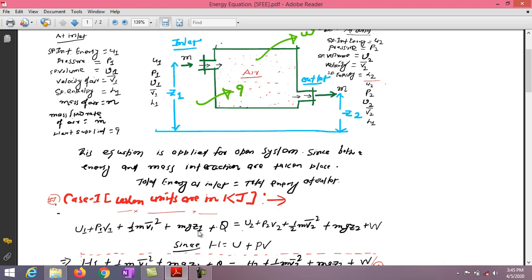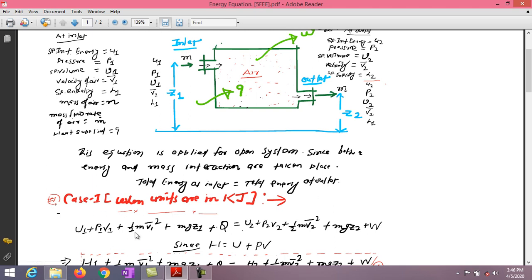That means this is the total potential energy of air at inlet. m is the mass of air, g is the acceleration due to gravity, and z1 is the height of inlet from this datum line, and plus Q. A small q is actually the specific heat, but here I am using the total heat, that's why it is capital Q. So plus Q means Q amount of heat is transferred into the system. That's why we are taking the plus sign. So this is the total energy of air at inlet of the system.